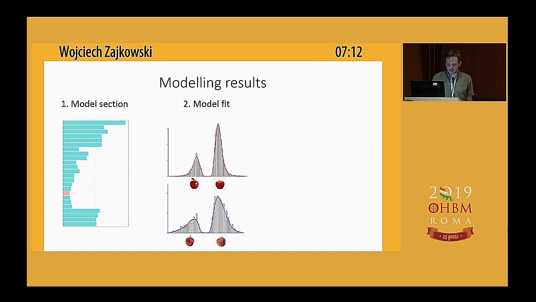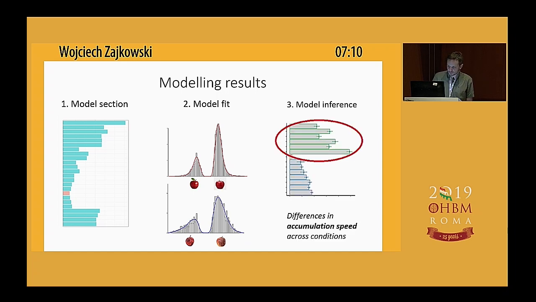And finally is the model inference here. So what differed most greatly in our analysis? What our analysis showed is that the greatest difference was in the accumulation rate parameter.